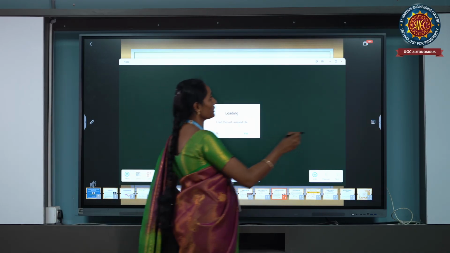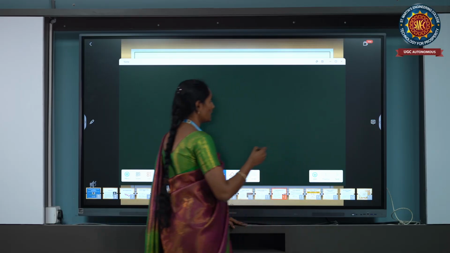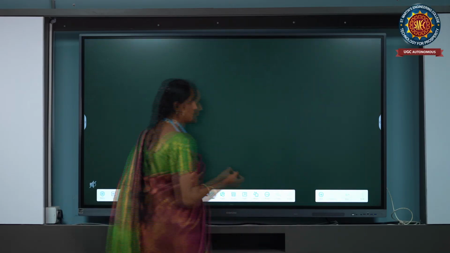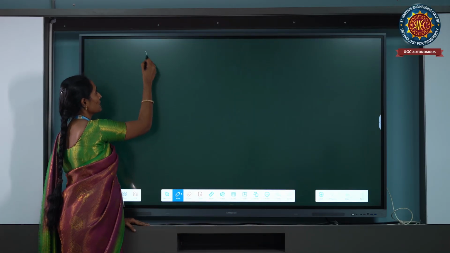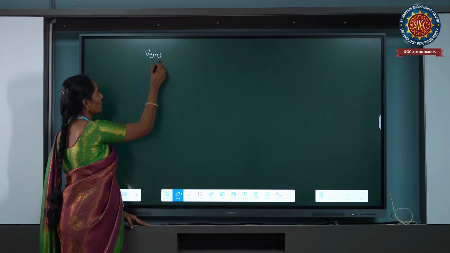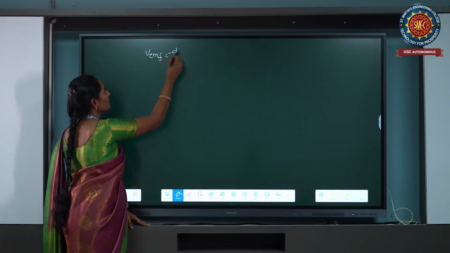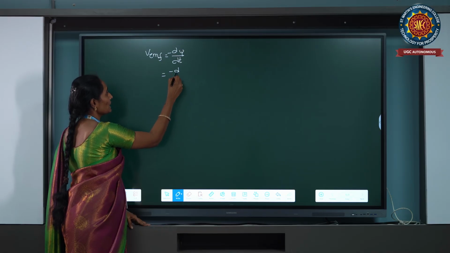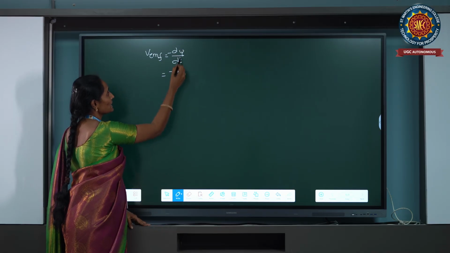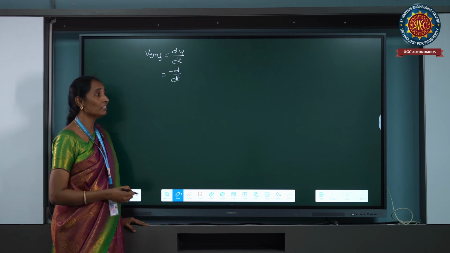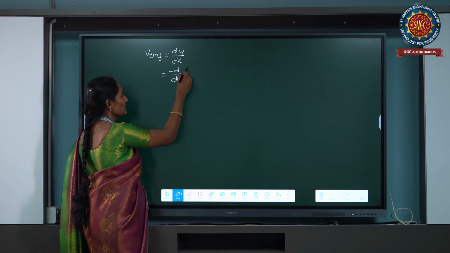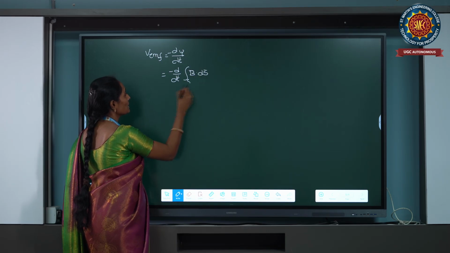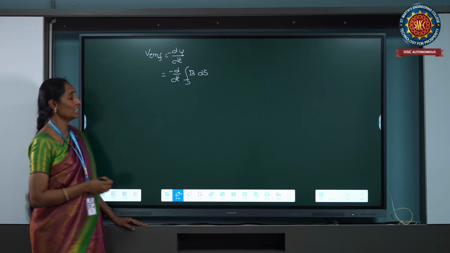When current flows through the conductor, due to the rate of change of flux, the magnetic flux is produced, that is, EMF is equal to minus d psi by dt. That is equal to minus d by dt, where psi is the magnetic flux. The magnetic flux is represented as the surface integration of B bar dot ds bar.